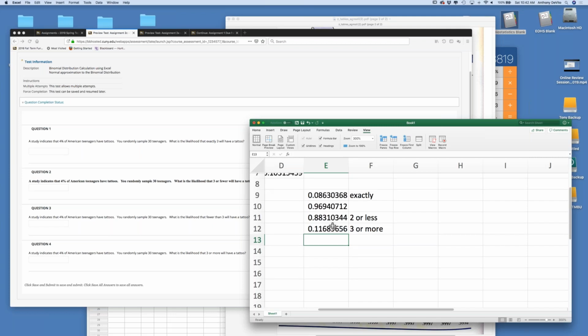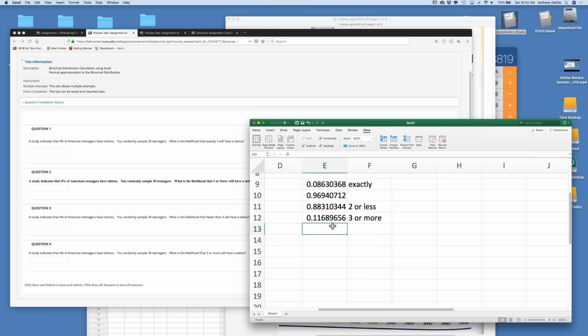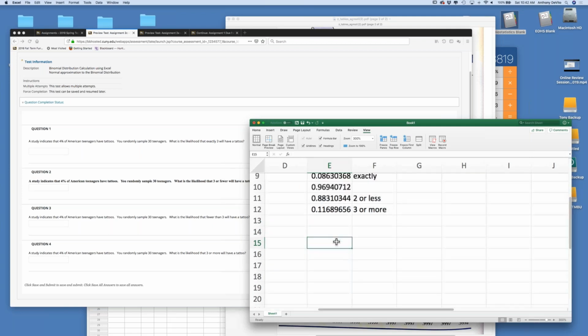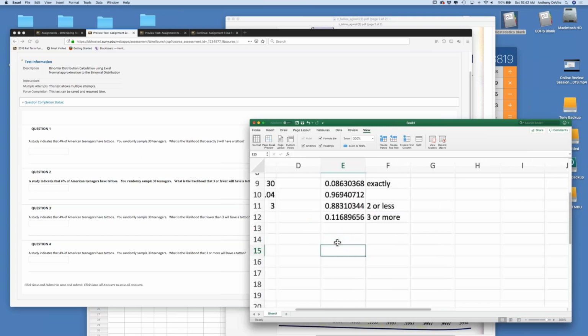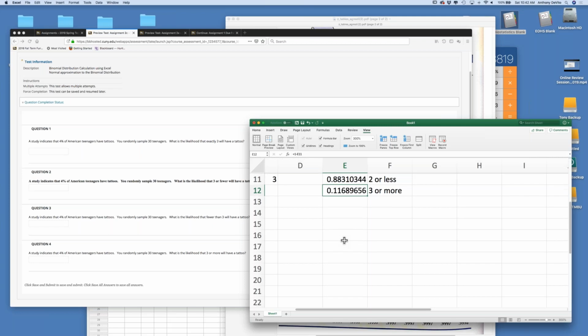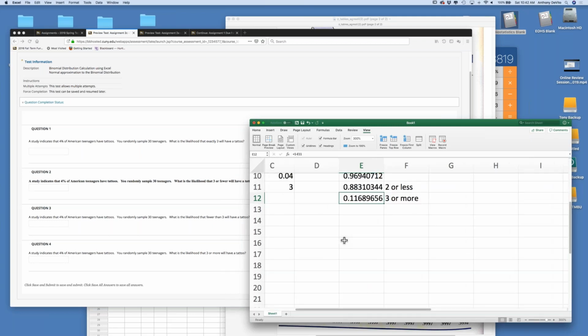There is an outside chance you might see a problem on the test where, instead of giving you information about exact probabilities, it could be a little bit more involved. Let me start with this.